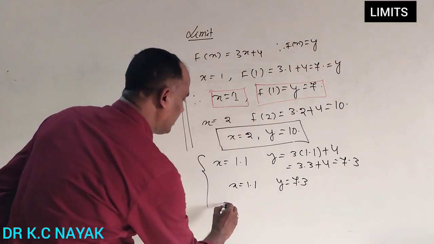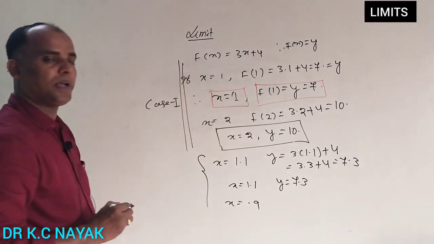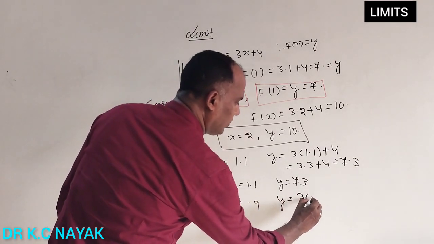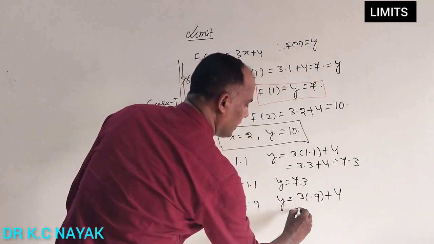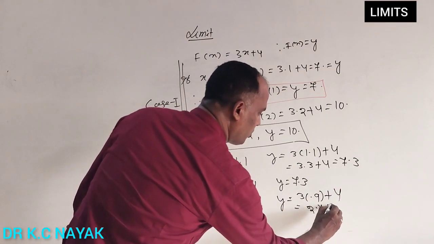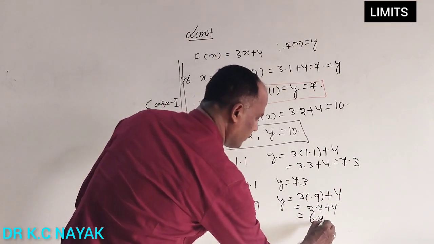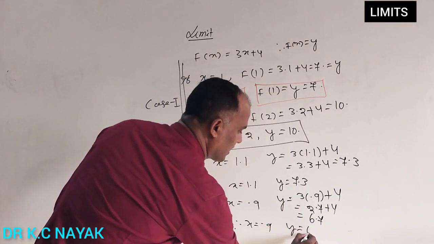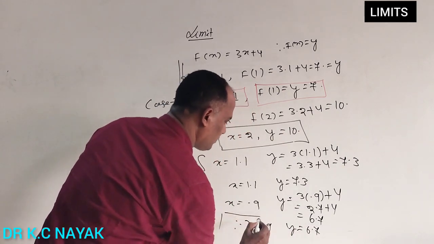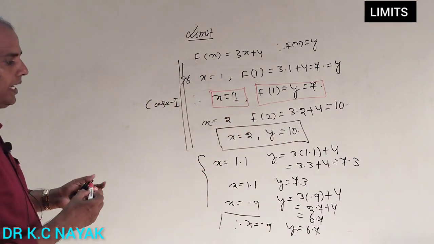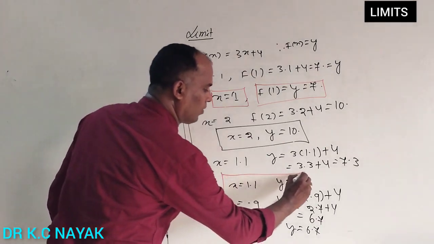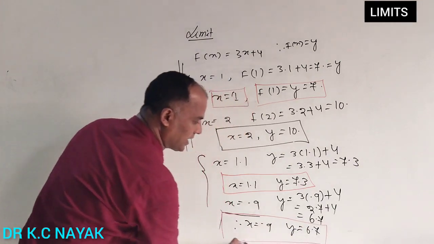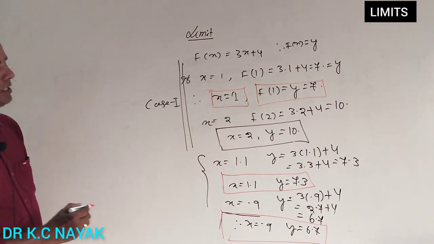If x is equal to 0.9, then y is equal to 3 into 0.9 plus 4, which is 2.7 plus 4, that is 6.7. When x is equal to 1.1, y is 7.3, and when x is equal to 0.9, y is 6.7. This is my case 2.